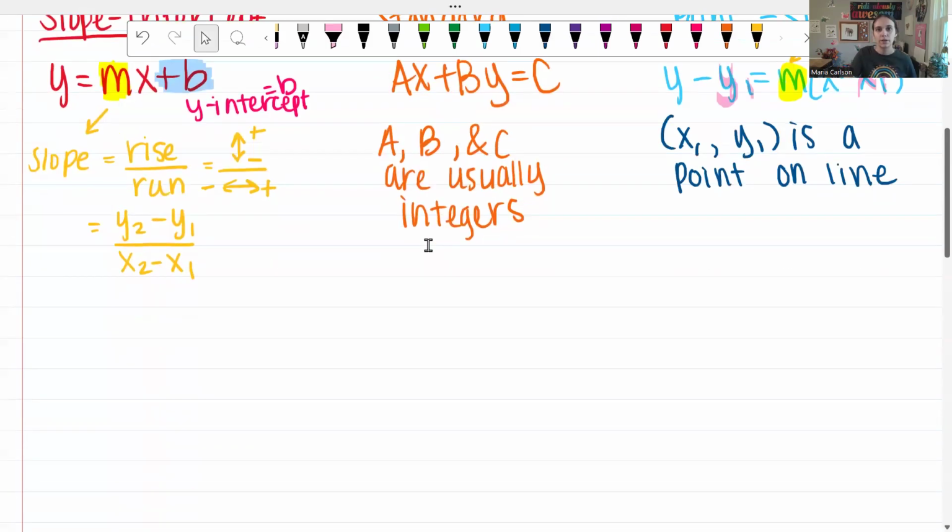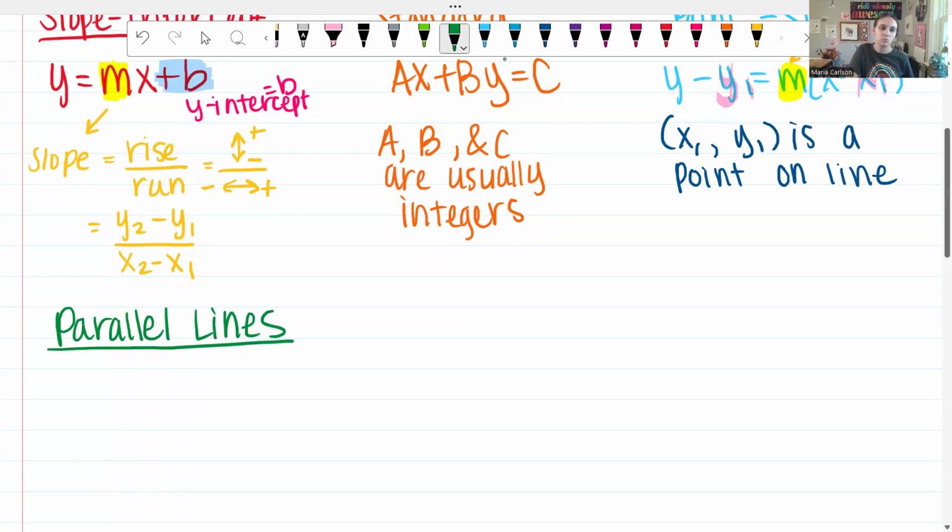Let's now talk about parallel versus perpendicular slopes. So we're going to start with parallel. Parallel lines have the same slopes or equivalent slopes, equal slopes.